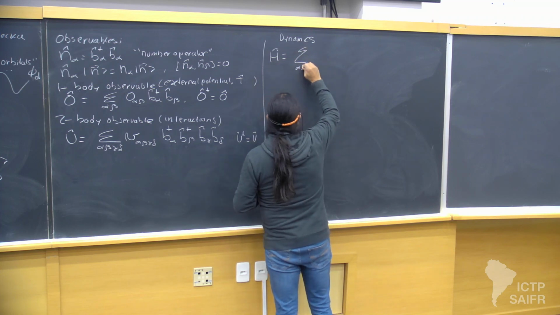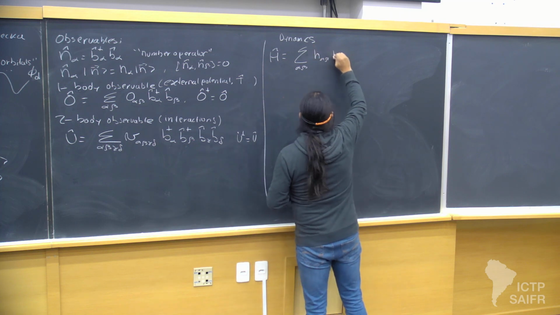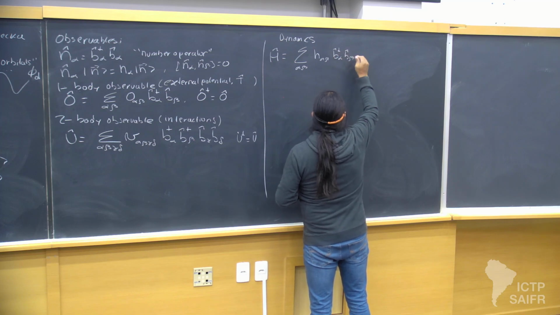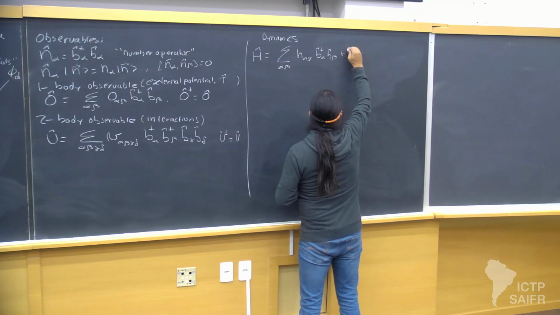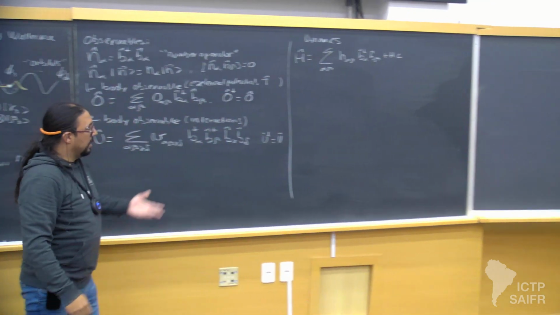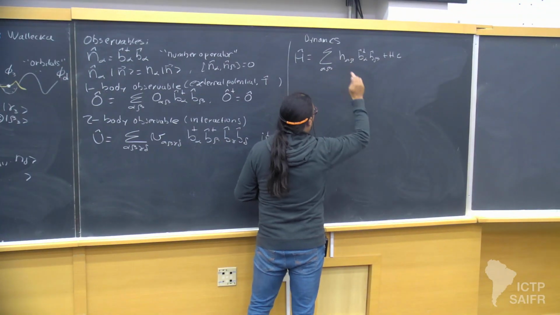Typically, it has a single particle part, a one-body part, and probably you add the Hermitian conjugate to make it Hermitian, which imposes some condition on this H, doesn't matter.